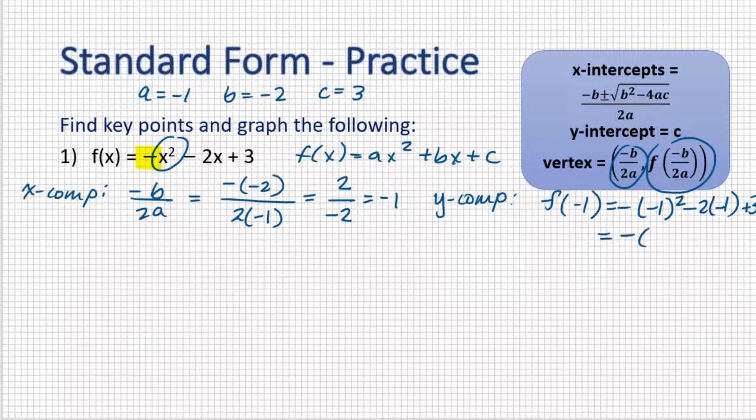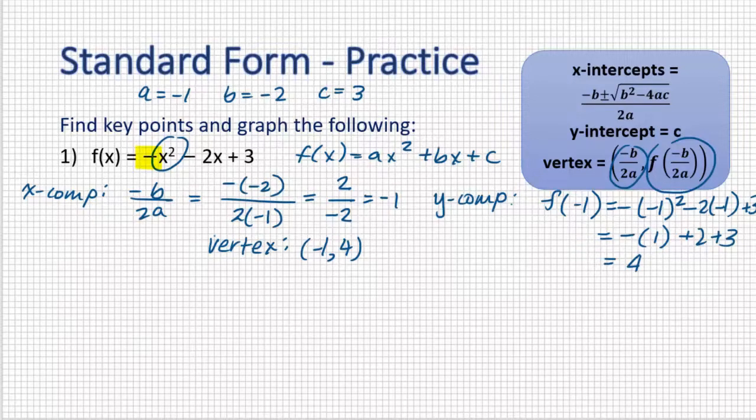Negative 1 squared is positive 1. Negative 2 times negative 1 is positive 2, plus 3. And negative 1 plus 2 plus 3 is positive 4. So the vertex has the xy coordinate negative 1, positive 4.